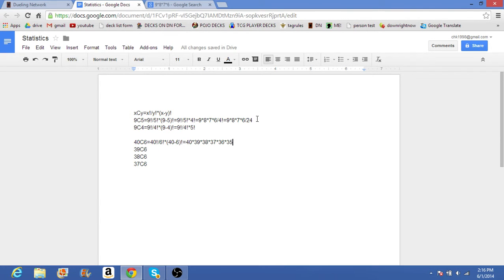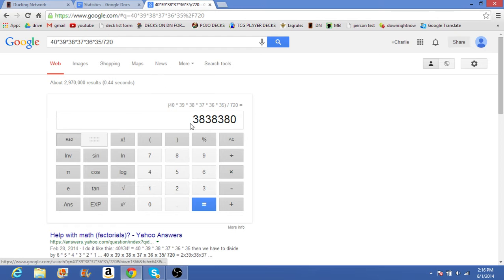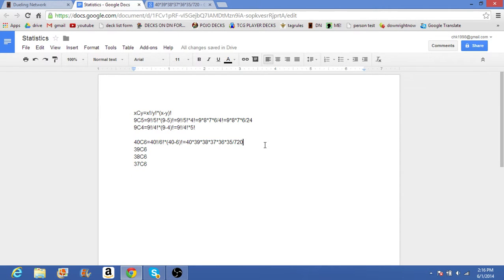Now we know 4 factorial is 24, so we multiply by 5 and get 120, multiply that by 6 and get 720. So it's all going to be divided by 720. Now we copy and paste this into our wonderful calculator, Google, and we get this number. Actually, it comes out nicely: 3,838,380. That's the number of different hands you get in a 40 card deck.